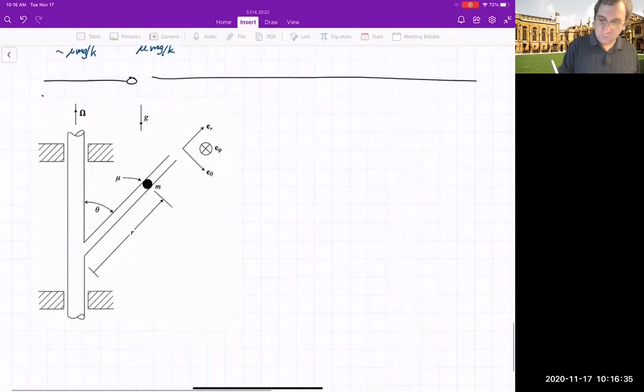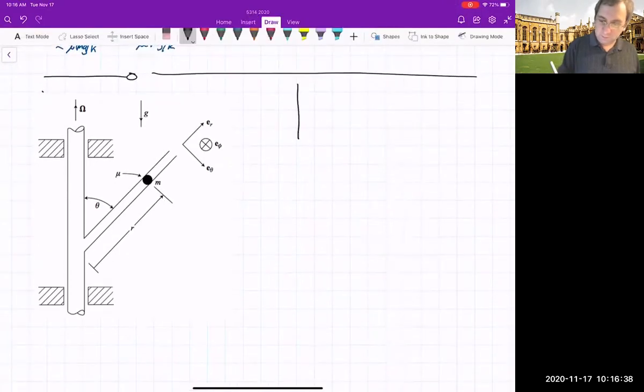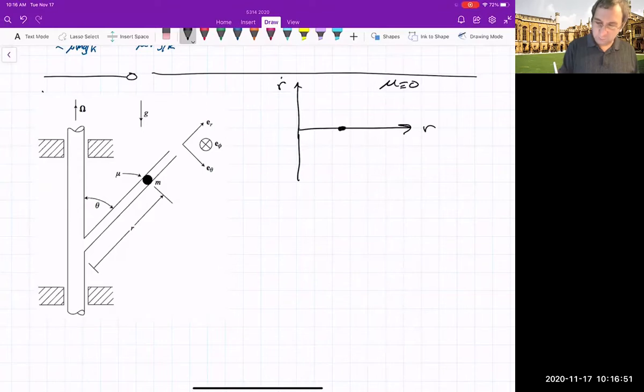the phase portrait before, maybe you don't remember, let me do R dot versus R. So this is with mu equal to 0. There's just one equilibrium point, and the phase portrait looks something like that. It's symmetric with respect to the R axis.